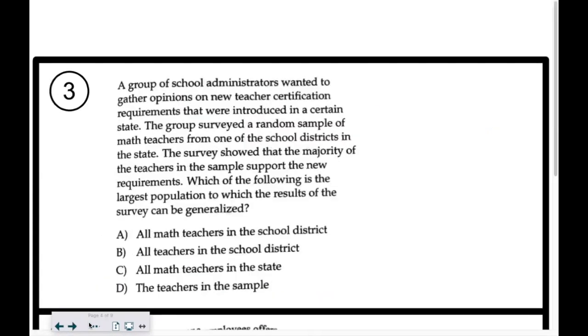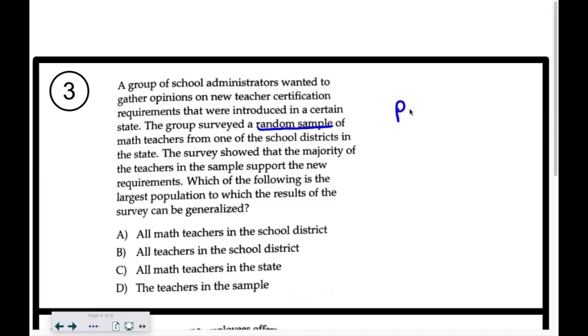Now we look at number three. These types of problems ask: which of the following is the largest population from which the results can be generalized? Here is where there needs to be a random sample, and there is, so we're all good with the whole random part. It depends on where the sample was taken from.